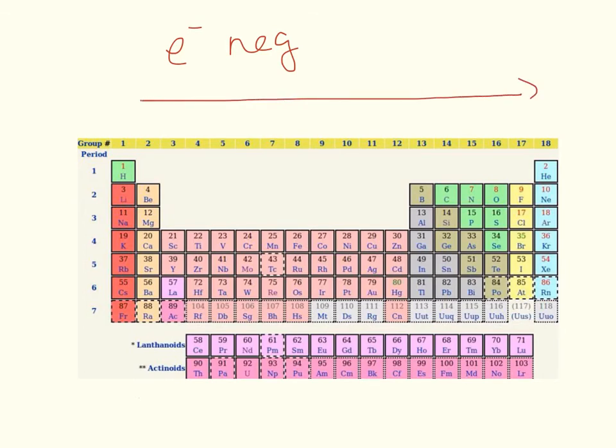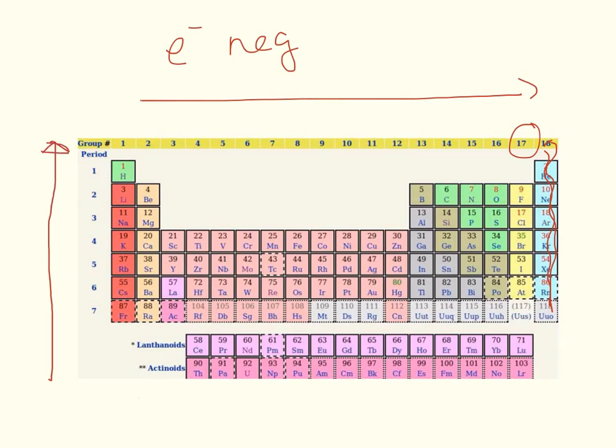That's mainly due to the size of the atoms, but also it has more to do with their ability to attract this electron pair, or how badly they want it. We cancel out group 18 for this one because they don't really play any part in electronegativity. But the halogens, group 17, are very electronegative. They want those electrons. The other trend we see is that electronegativity increases as you go up.